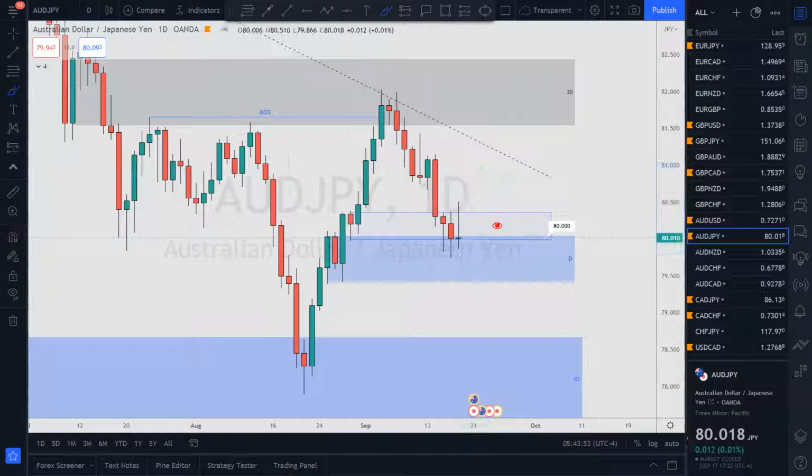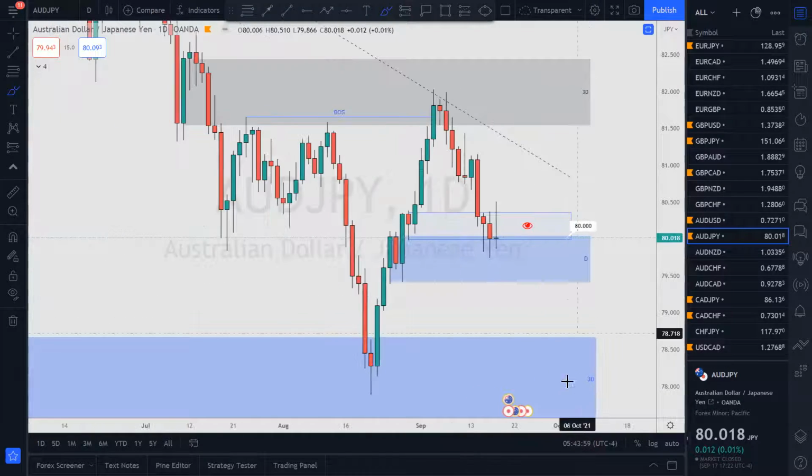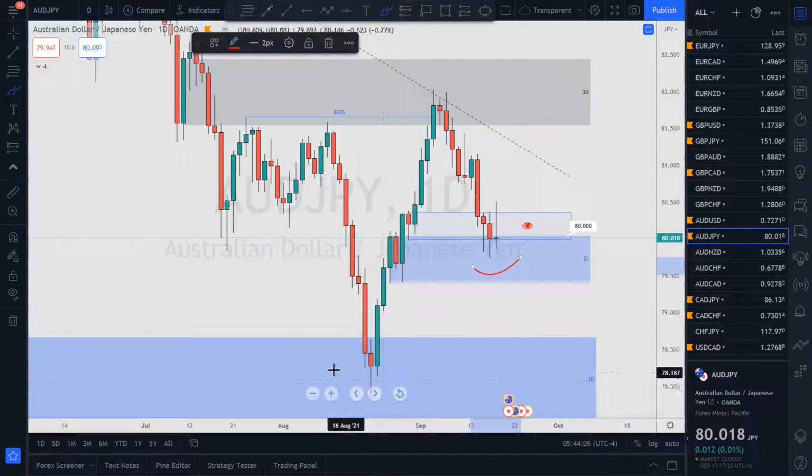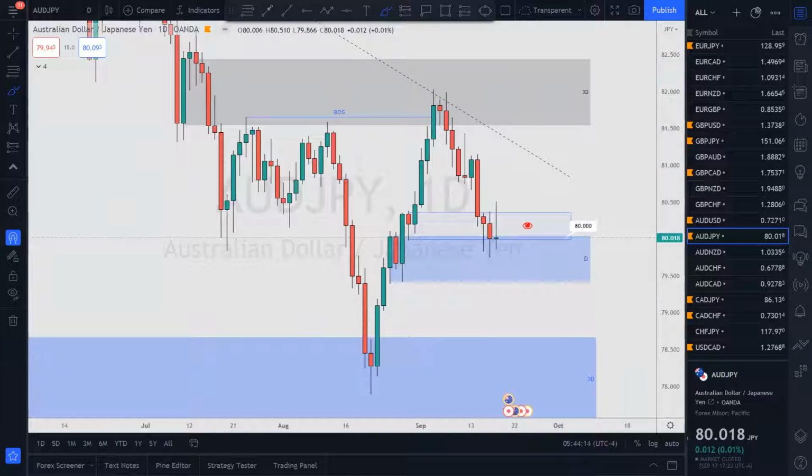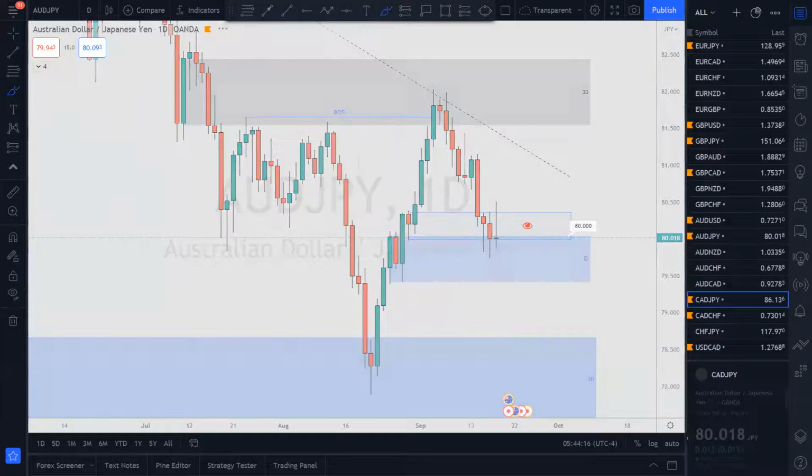All right. We're just looking for confirmation of the reversal pattern. Okay. And that would make the higher high, the higher low here. And we can reasonably expect price to make the higher high. Easy, right?